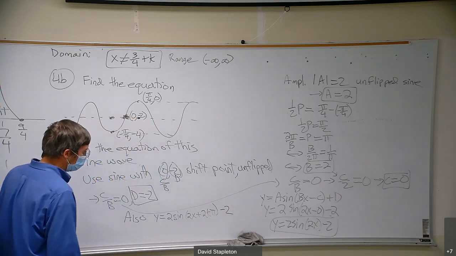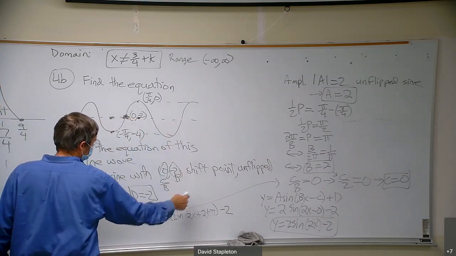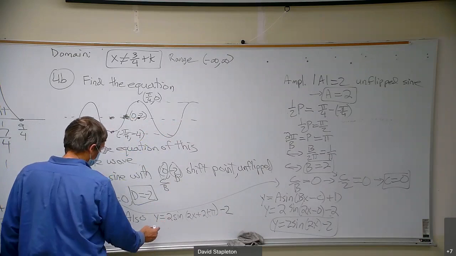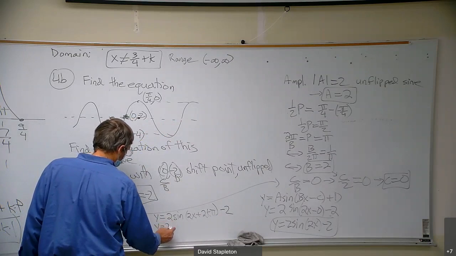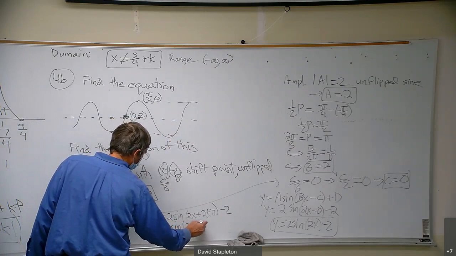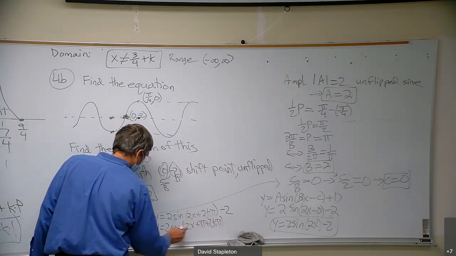That's just as good. Any of those, if you pick your shift points over here, you get plus 2 pi in here. Or if you shift it half a period and flip it upside down, you can put y equals 2 sine of 2x plus pi plus 2k pi, minus 2.